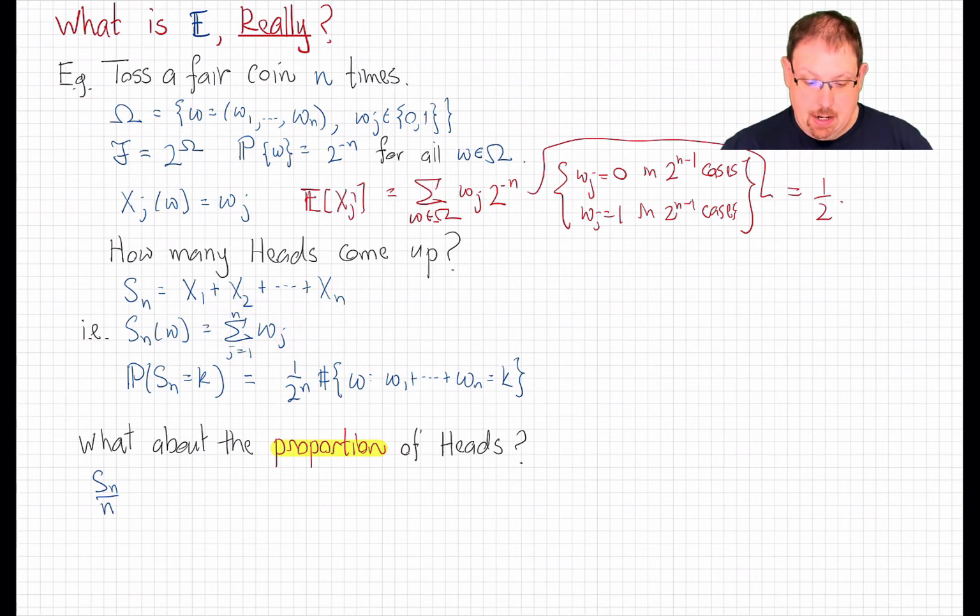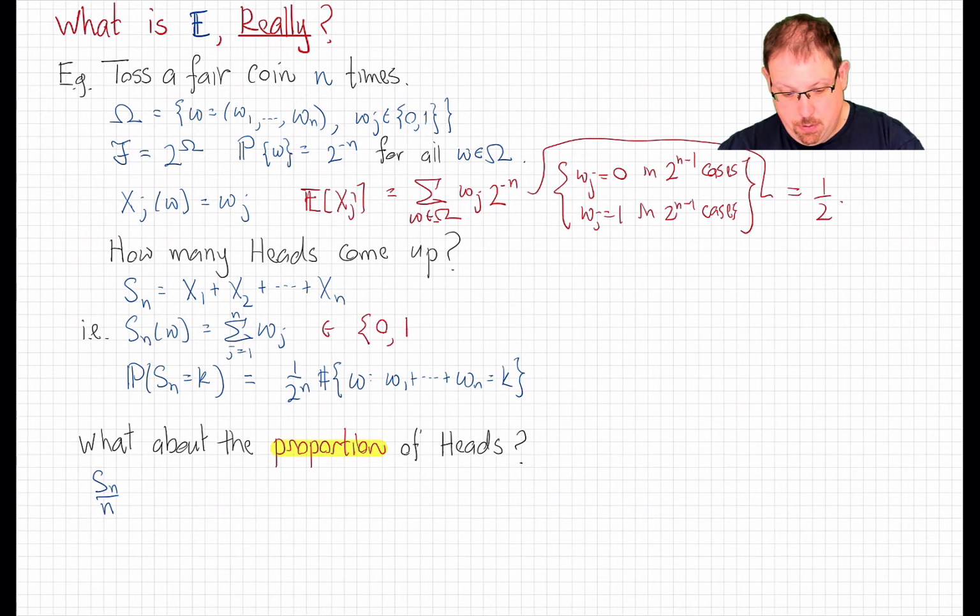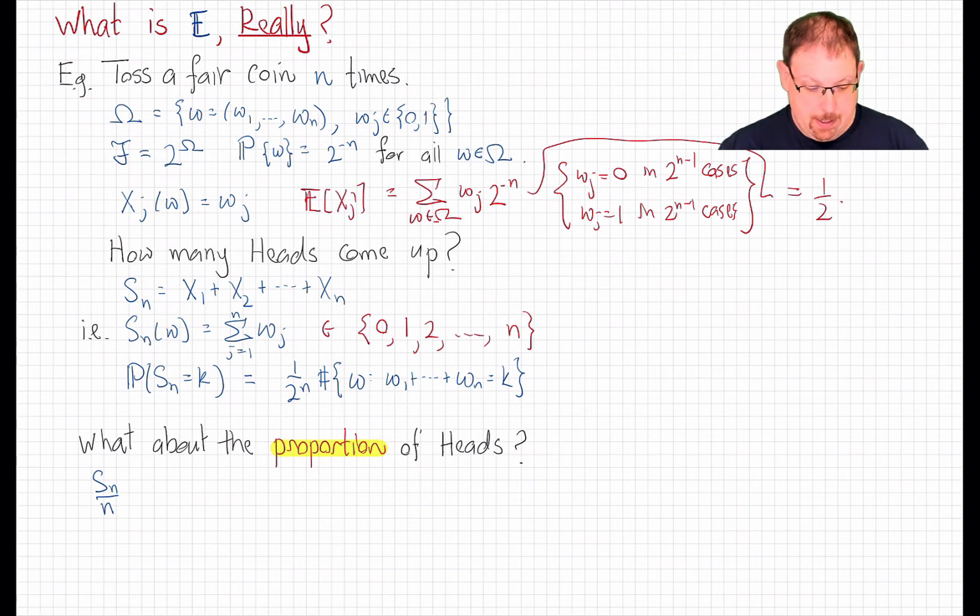This is a random variable. What are its possible values? What is the state space for this random variable? Well, it could take value 0, or 1, or 2, all the way up to n. An integer between 0 and n.